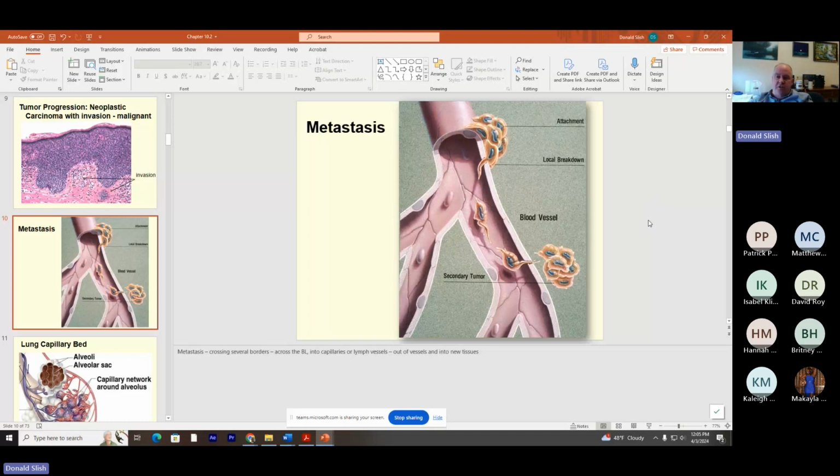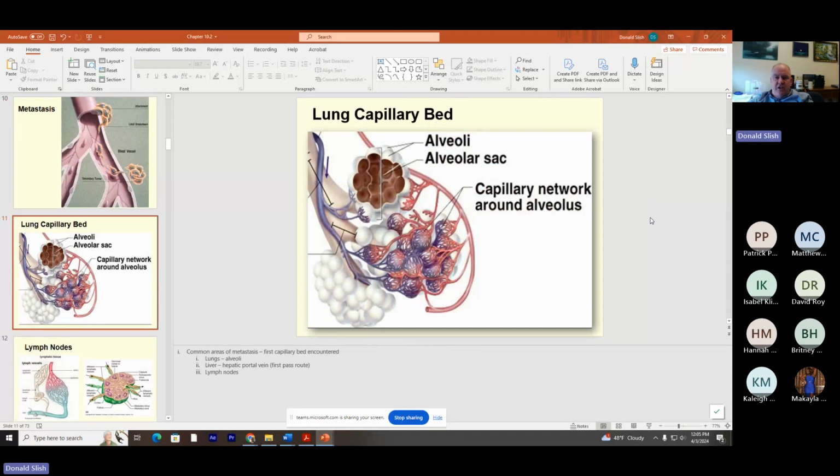Some cells will go to certain areas, but in general, where cells are going to go is the next capillary bed. So if a cell like a melanocyte gets into the blood supply, the next capillary bed it's going to see will be the lungs.